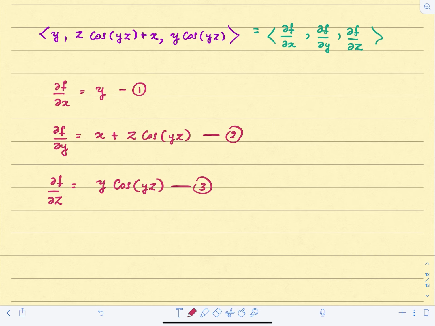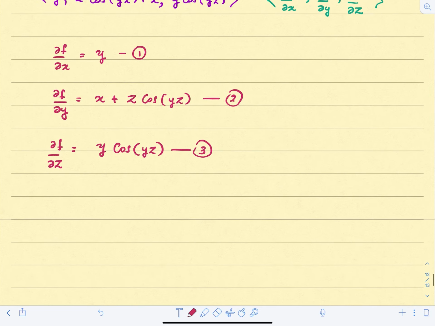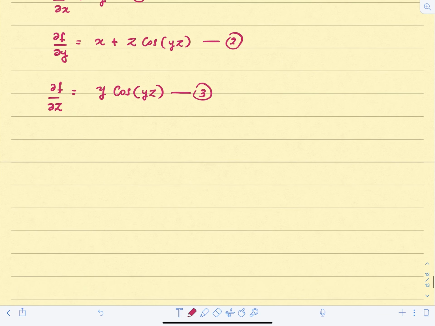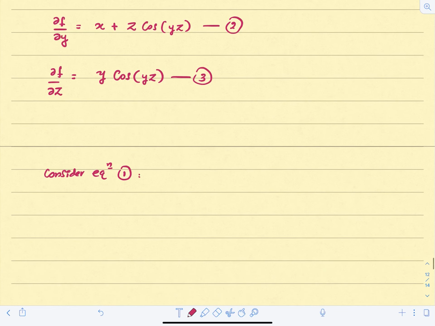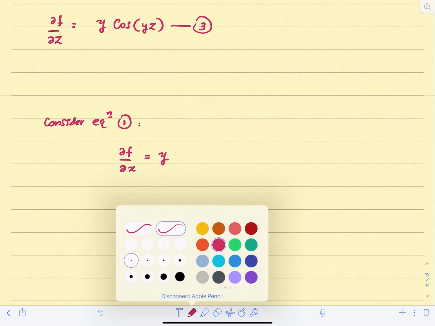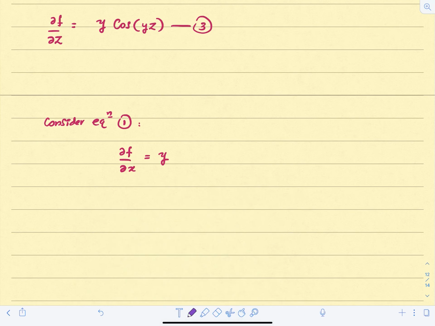Great. Now again, let's consider equation 1: partial f of partial x equals y. To find f, we have to integrate both sides with respect to the x variable.